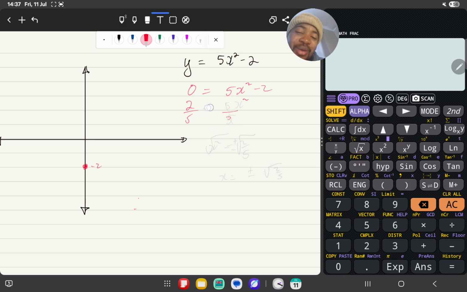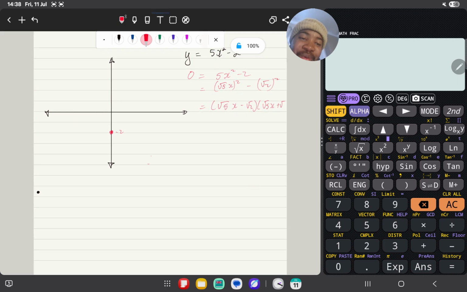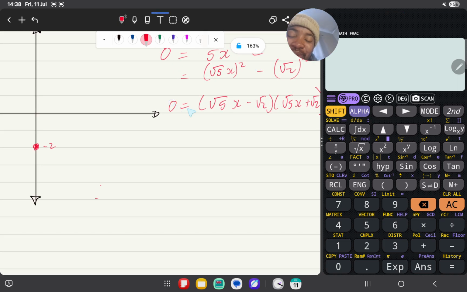But if you want to be fancy, my advice, don't try to be fancy, but if you want to be fancy, here you have square root of 5 x to the power of 2 minus square root of 2 to the power of 2, and then you have a difference of 2 squares. Then you have square root of 5 x minus square root of 2, square root of 5 x plus square root of 2, then you close your bracket, and then equals 0.